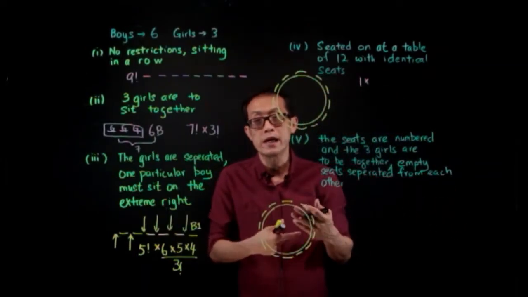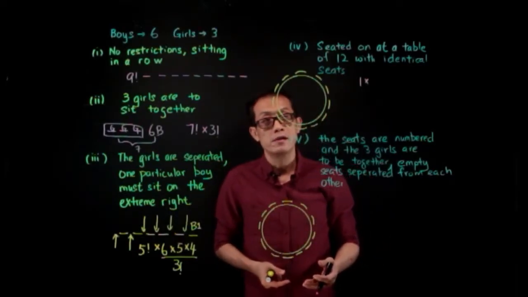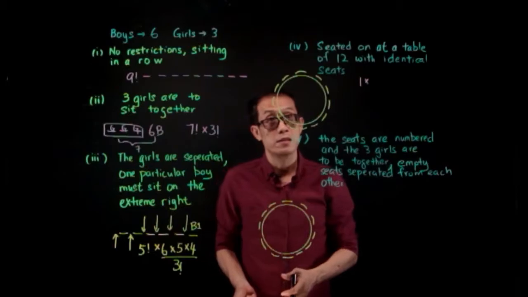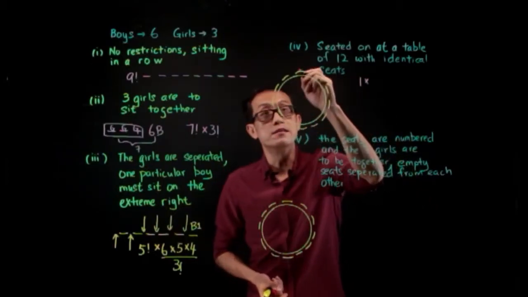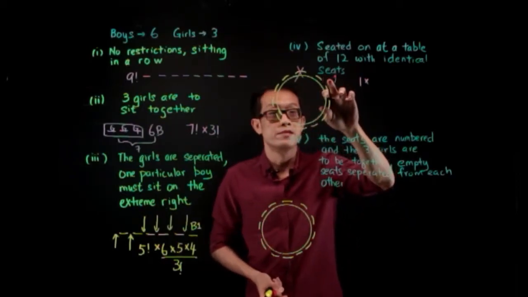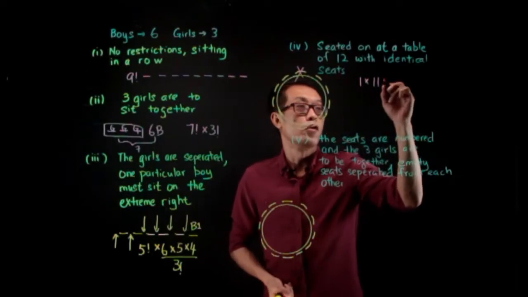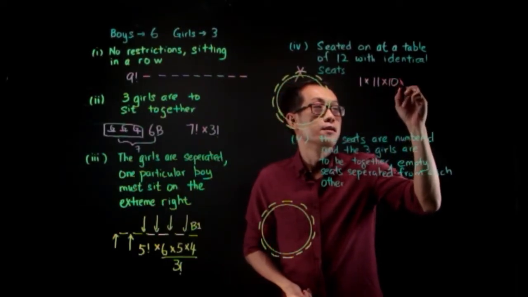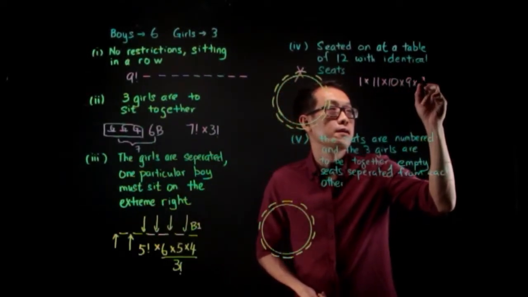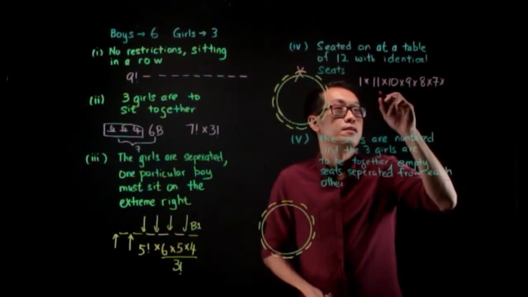So he has some reference point compared to the first one. So 1 seat is taken. The next person will have 11 choices, followed by 10, 9, 8, 7, 6.